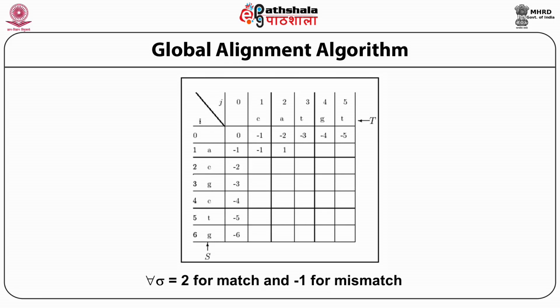When A goes with the 0th character, since it does not exist in T, I get a mismatch score of -1. Then I see the first character of sequence T is C. It does not match my first character A, right? So I get -1 again. And then in the second place, of course, it matches with A, I get a +1, and so on and so forth. I go on like this.